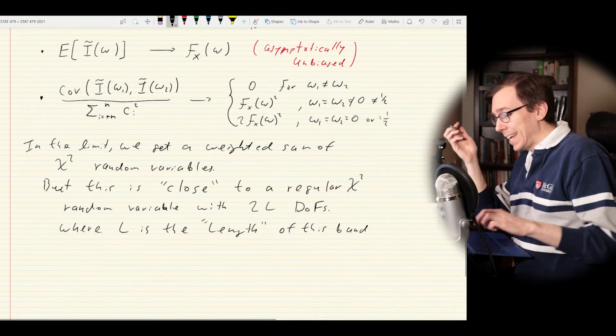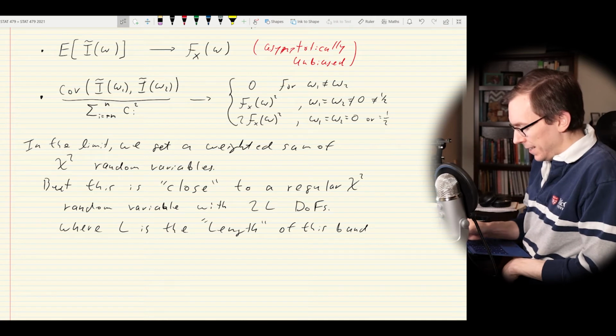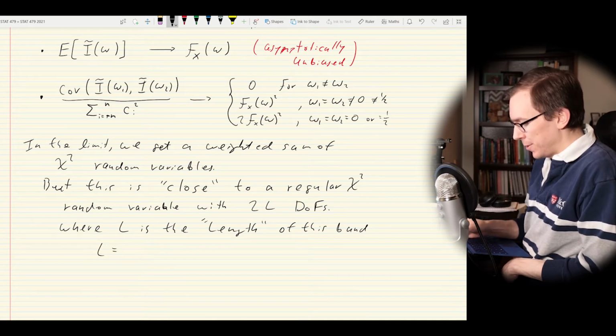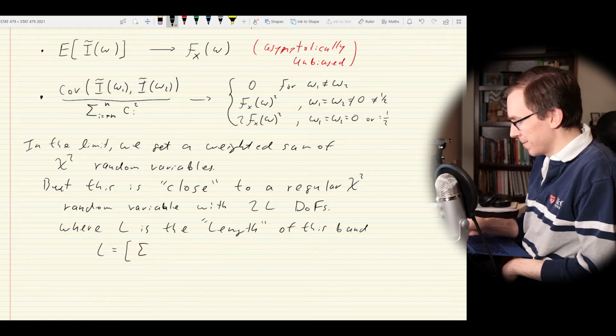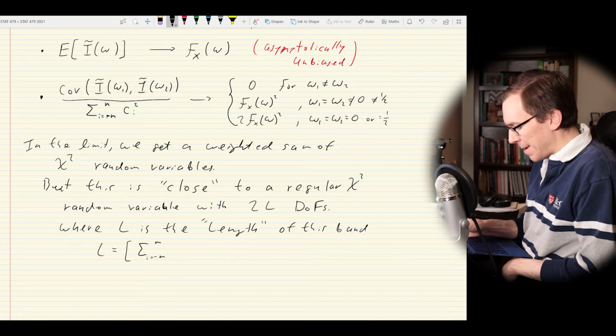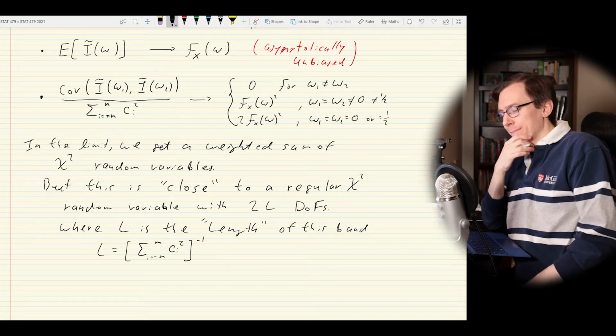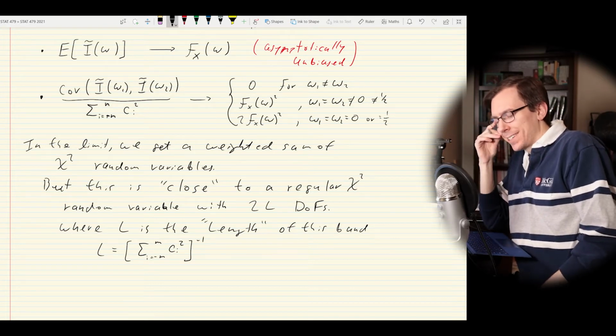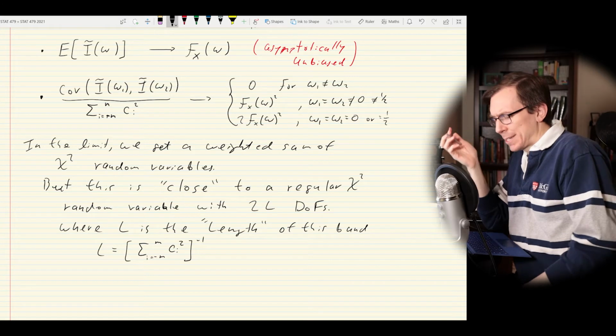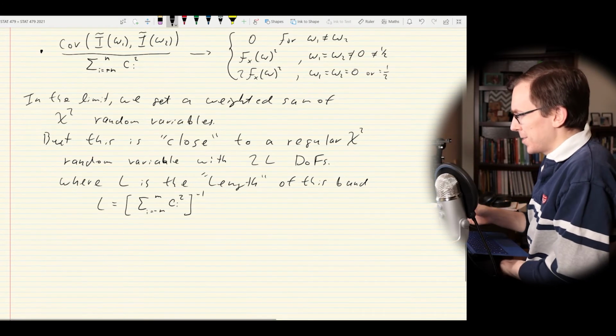Well, we define L to be the sum from i equals minus m to m of ci squared, all to the minus 1. Okay, so you look at that and you think to yourself, why in the world is that supposed to be the length? Well, let's do an example.